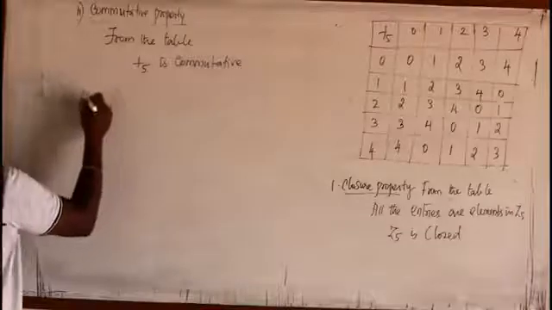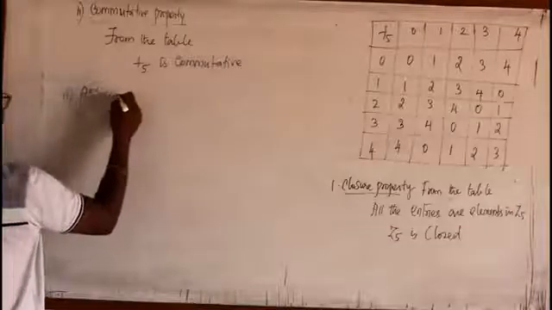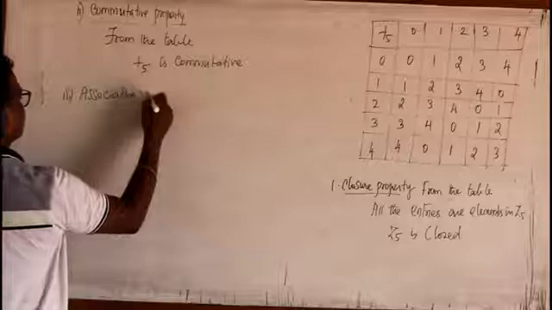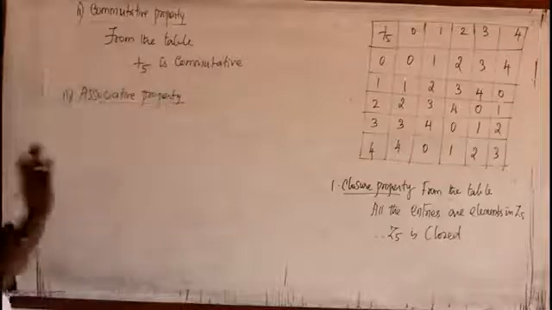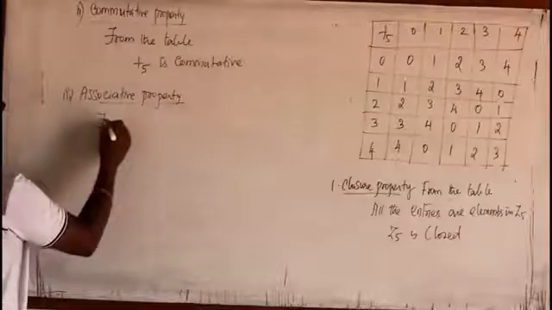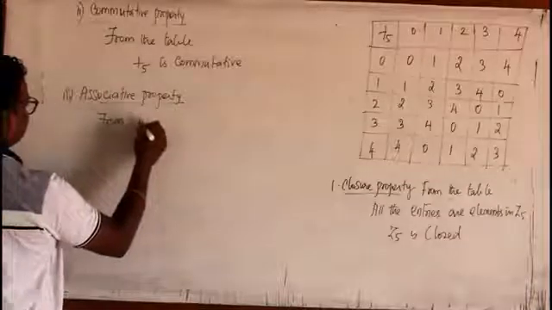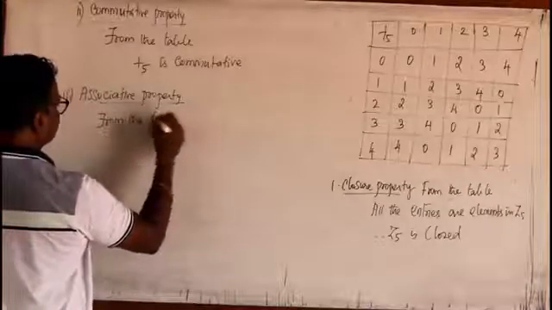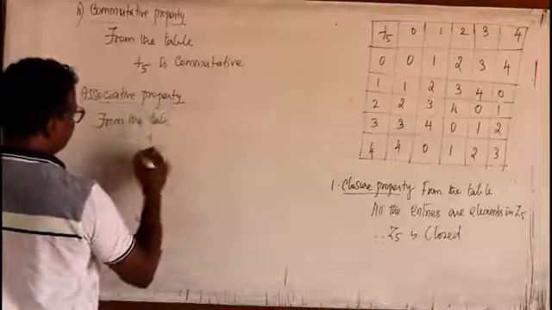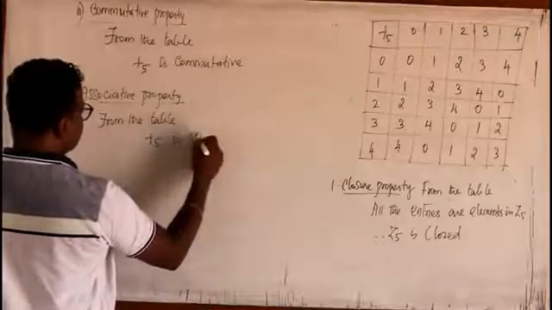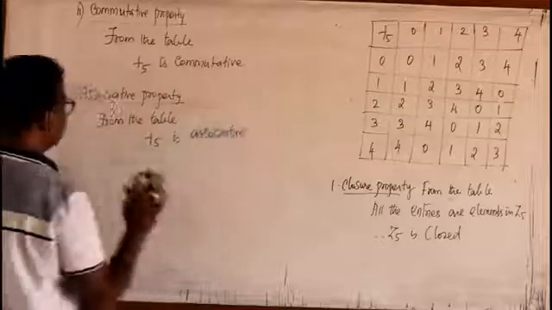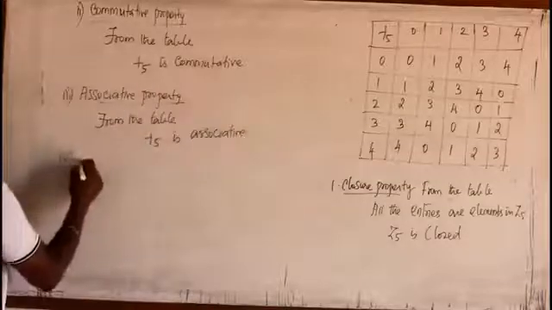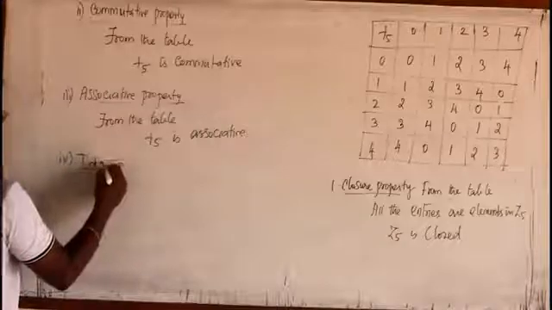Third one, associative property. Again, addition will always be associative, so you can say from the table that addition modulo 5 is associative, because we know addition always obeys the associative law. Identity element.